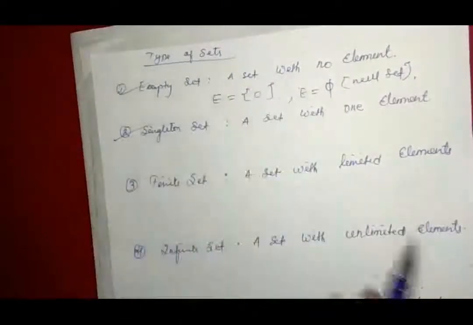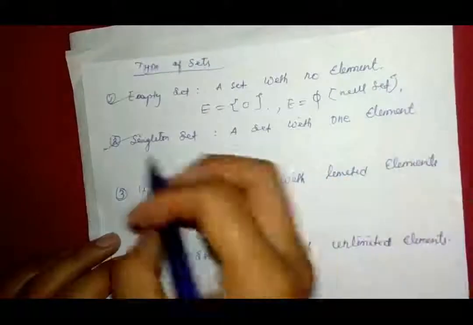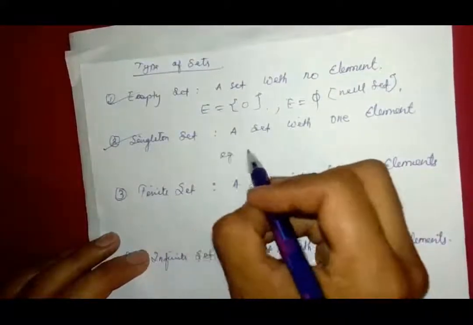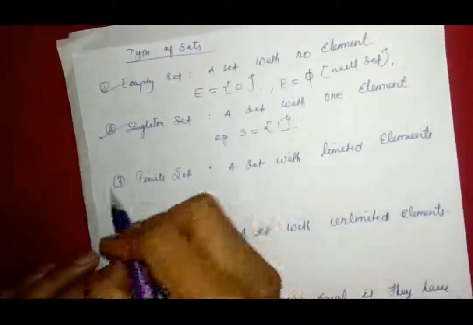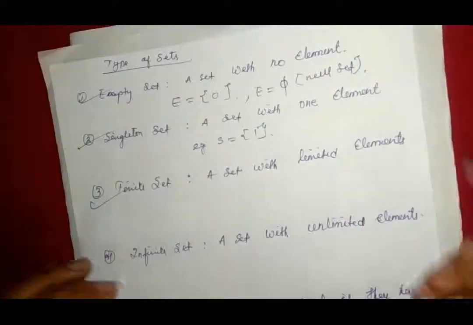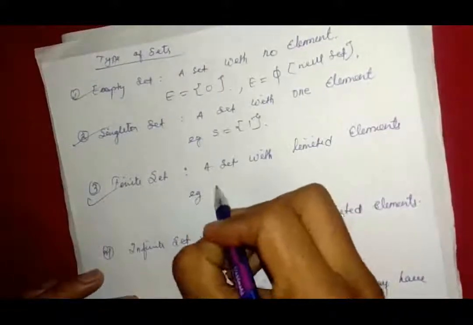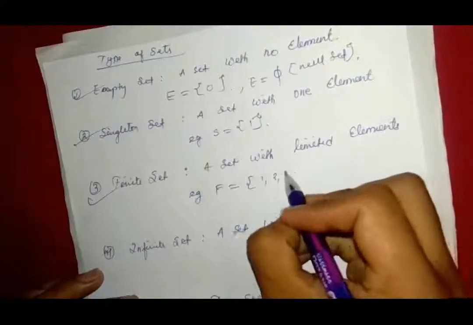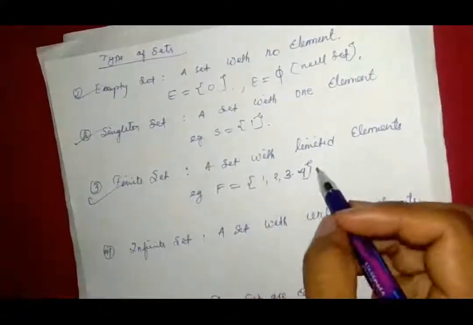The second point is a singleton set: a set with one element. That means a set consisting of only one element. For example, a set with a single element. Next, a finite set: a set with limited elements, for example 1, 2, 3, and 4, which means the given elements can be counted.